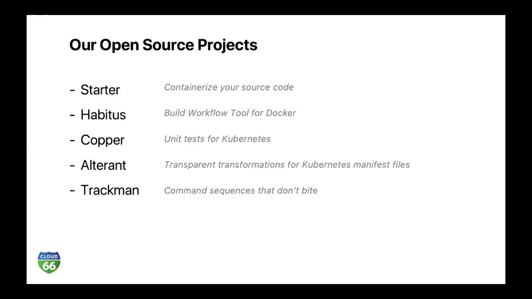The second one was Habitus, which is a build workflow for Docker. It does 2 primary things. One is to create a step-by-step workflow for Docker around building one step after another, which you can also do with multi-step builds in Docker.